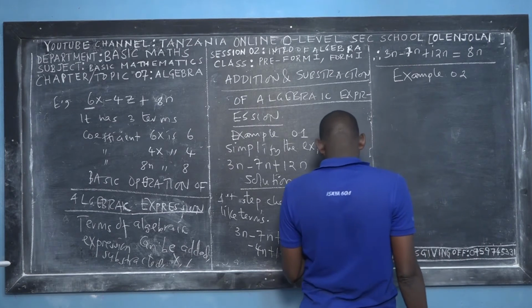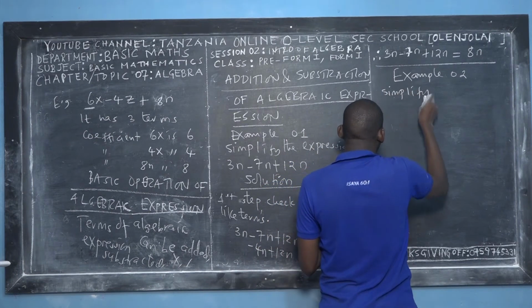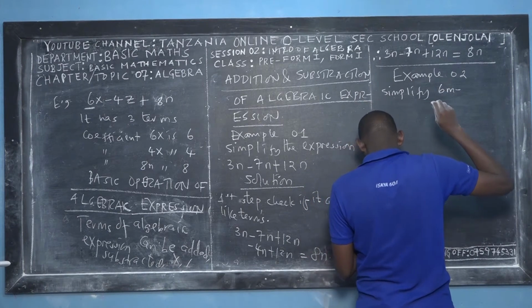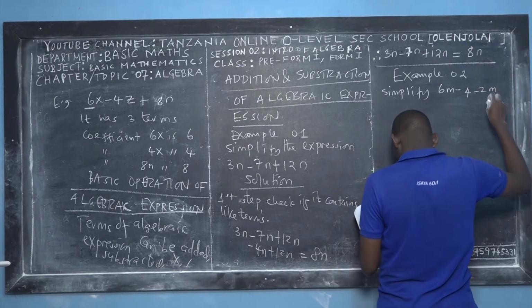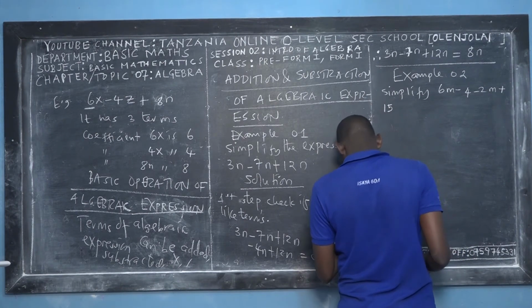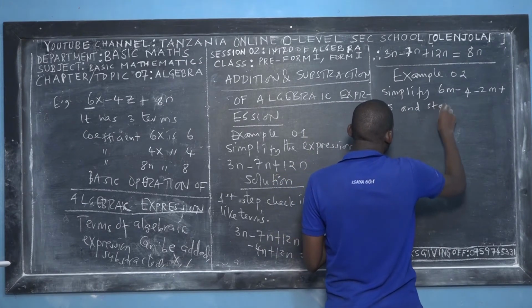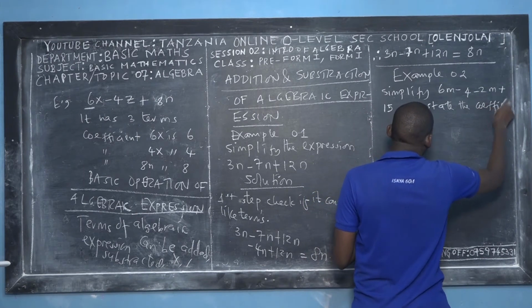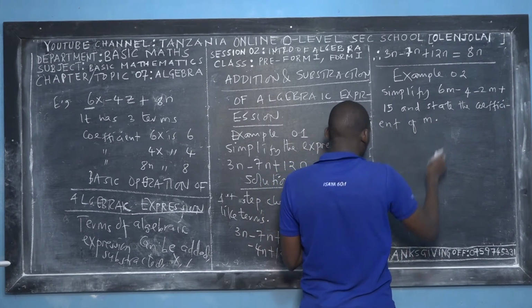Example 2 states: simplify 6m minus 4 minus 2m plus 15, and state the coefficient of m.